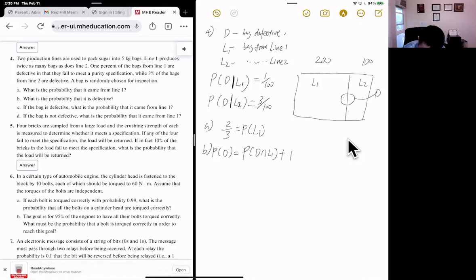Which two parts? First, the probability it is defective and coming from line 1, which is this area, because the circle is defective and line 1 is here. That is P(D and L1), the intersection of L1 and D, correct?